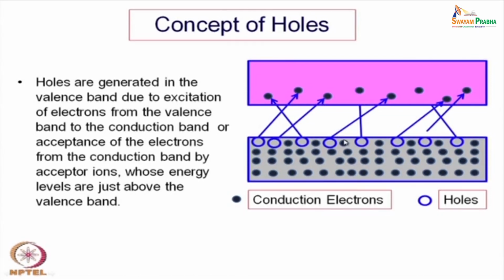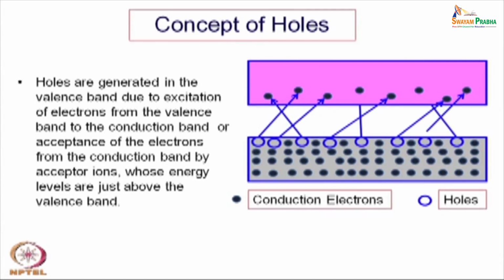So, the hole moves in the opposite direction to that of the electrons. So, they are actually equivalent within this array of electrons.